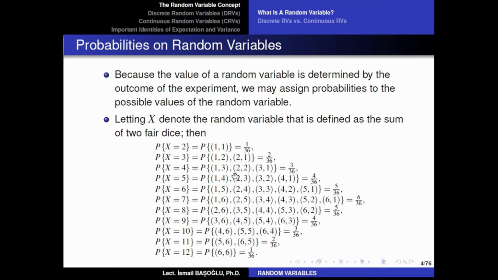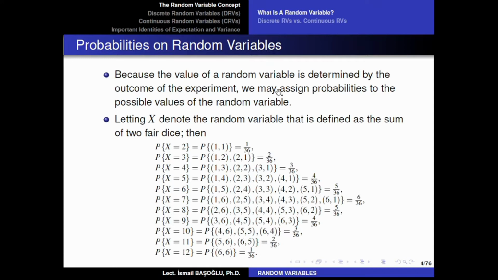Now, you know, the value of the random variable is determined by the outcome of the experiment. So if, for example, the outcome is 2, 3, the sum of 2 dice, the random variable which represents the sum of 2 dice becomes equal to 5. If the outcome is 2, 3, the random variable is going to be 5. So the random variable's value is determined by the outcome of the experiment.